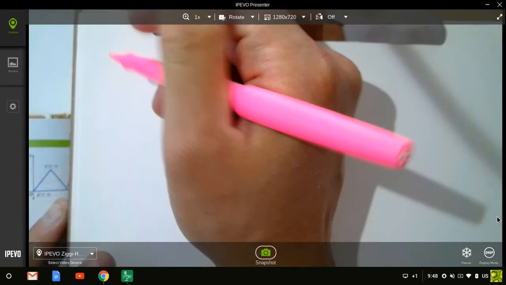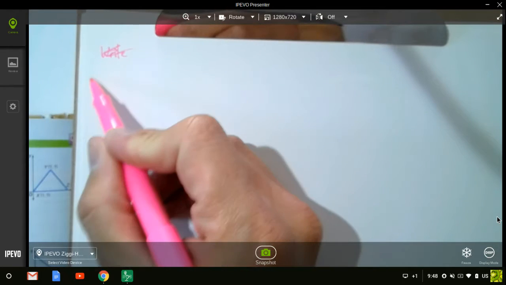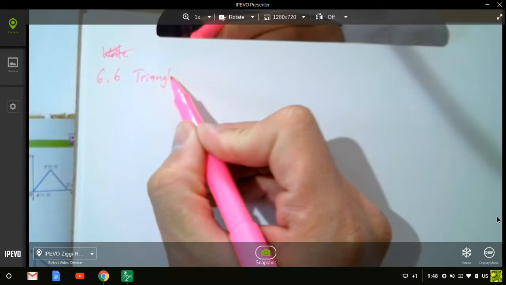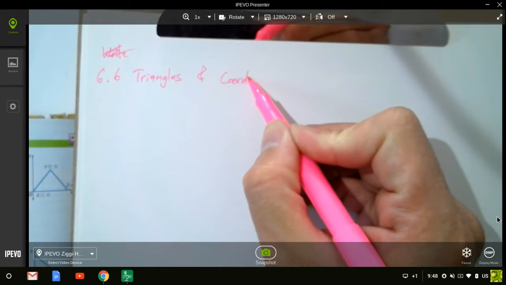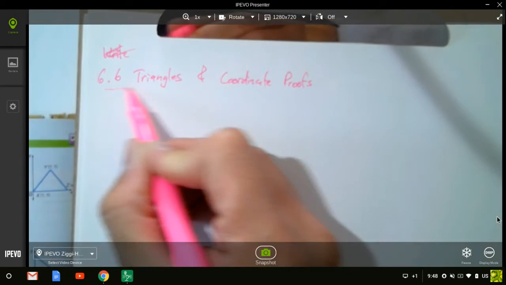Okay, are you guys ready? Because we're going to write. This is still in 6.6. Sorry, so if you didn't know, let me start over. This is 6.6, triangles and coordinate proofs. So this is the main topic for today, coordinate proofs.